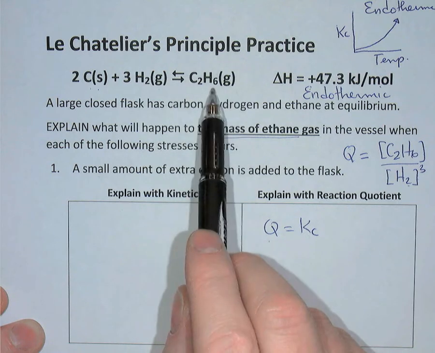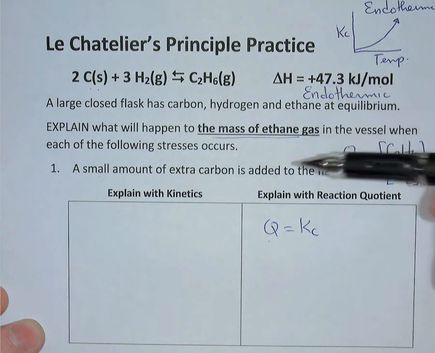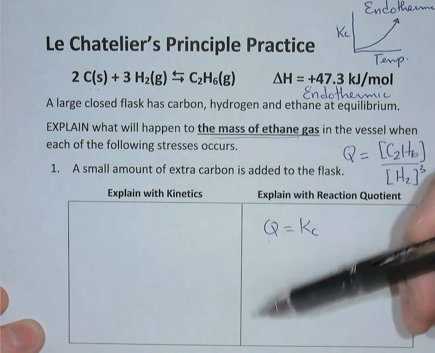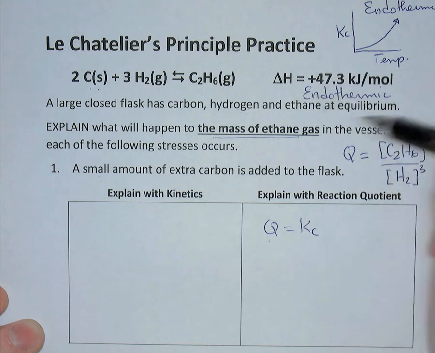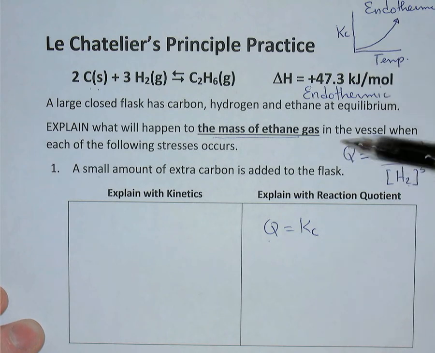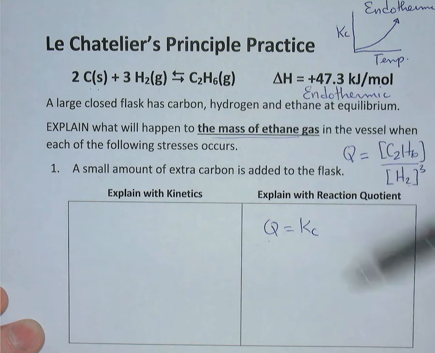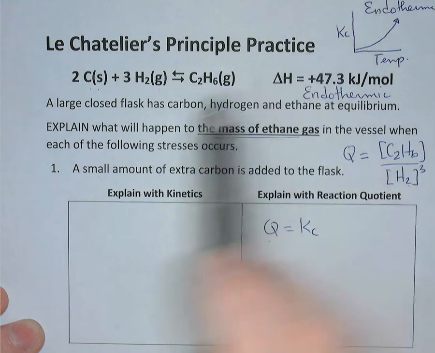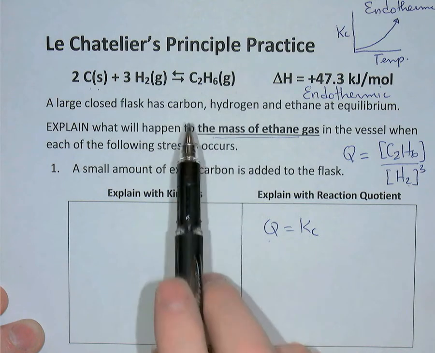create more ethane. So the idea here is that when you change the temperature, you change the rates of both forward and reverse reactions. However, the reaction that was endothermic is the reaction which is affected to the greater extent. So if you had cooled this down instead of heating it up, both the forward and reverse rates would slow down, but the endothermic direction, the forward direction, would slow down more.